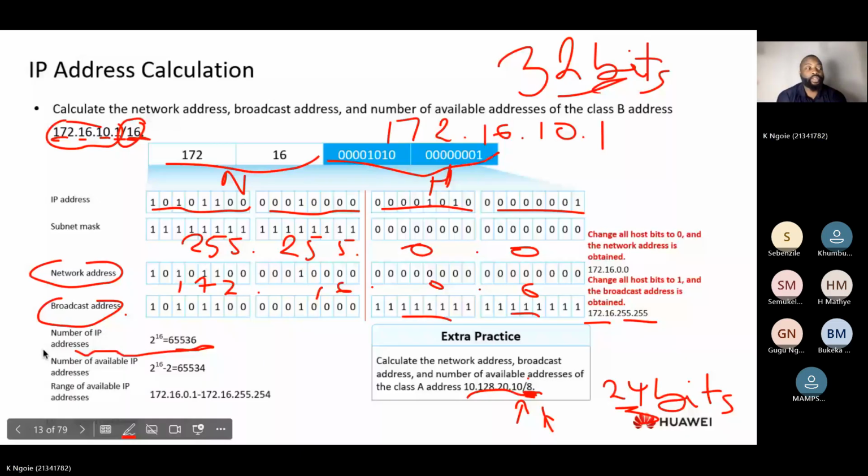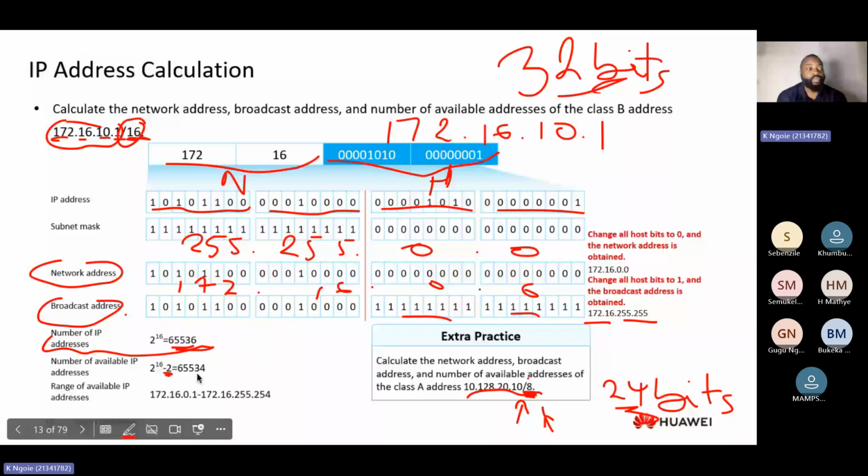Now, this is the total that we can have in this organization. But the total that are available are only 2 to the power 16, which is this, minus 2. Guys, why do we minus 2 IPs to get the available IP addresses?